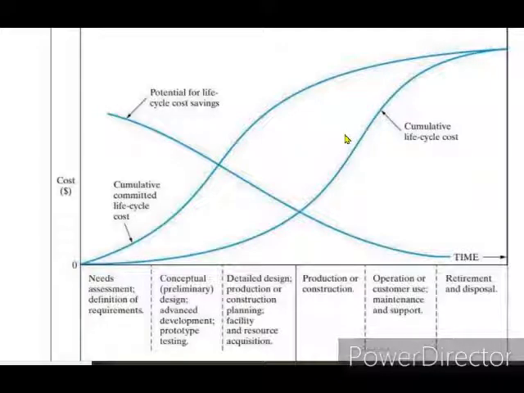Okay, because the cost does not end when you sell the product to the customer, because the services after the selling of the product, like the warranty, are still a cost.